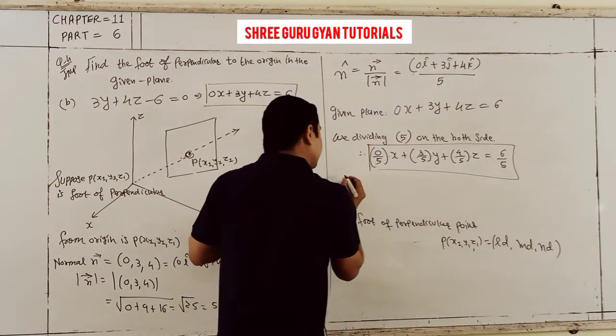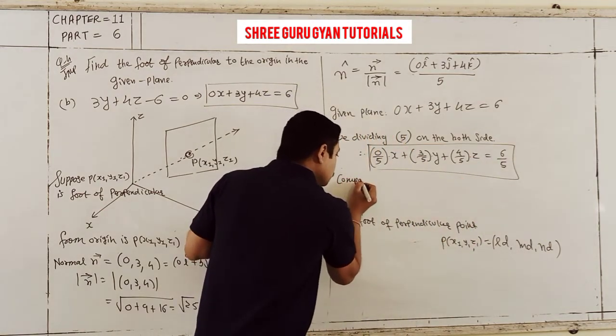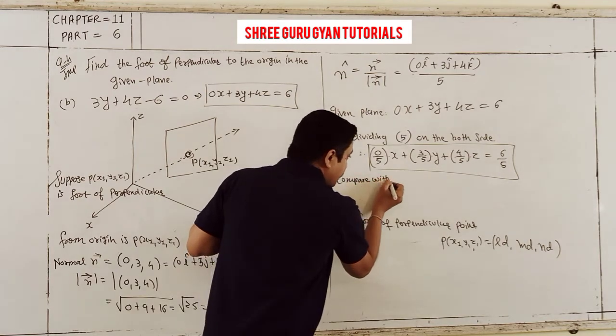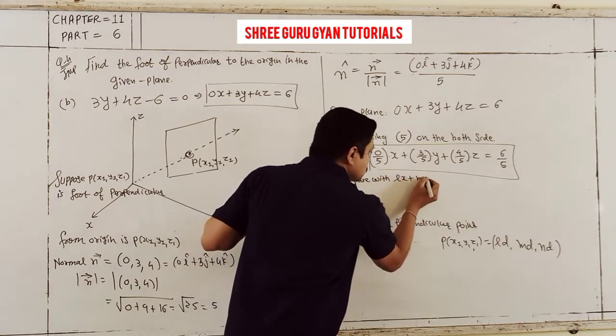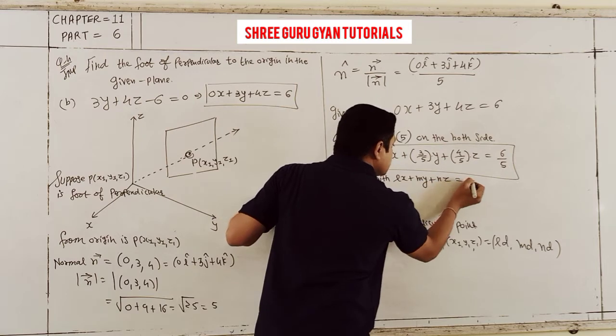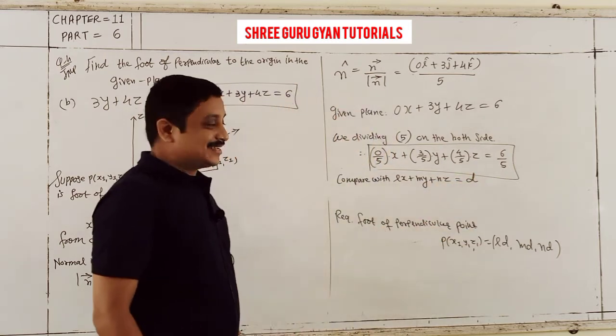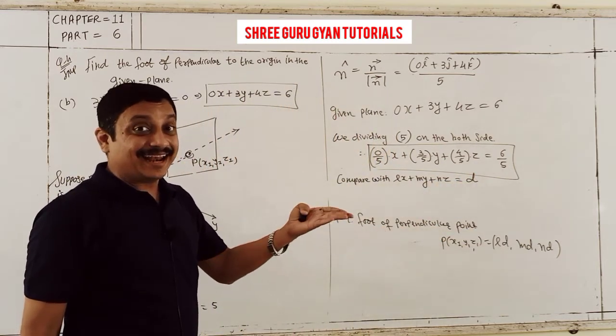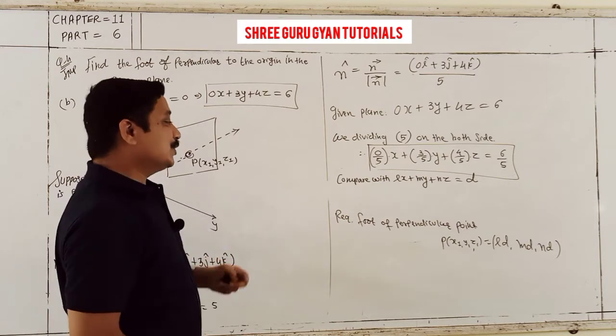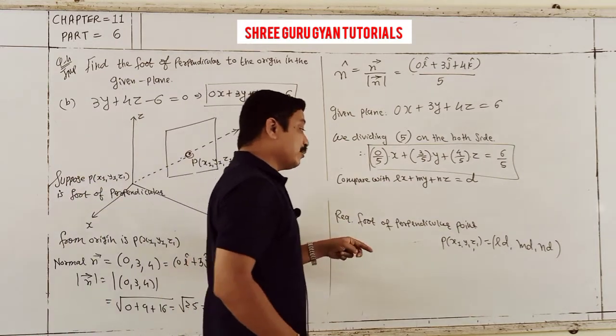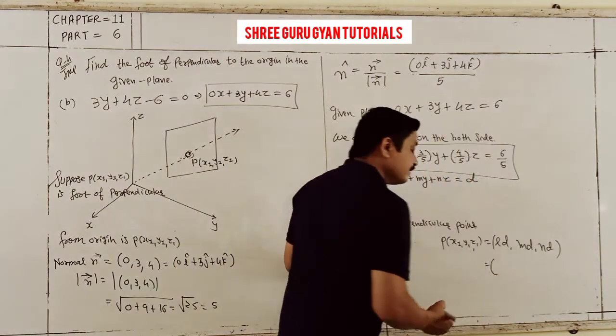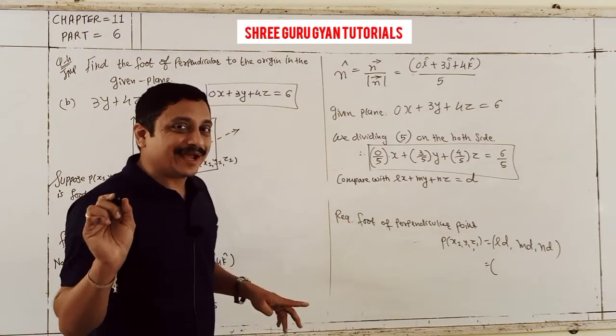And that is your equation, just compare with Lx plus My plus Nz is equal to D. L, M, N ready, and last D is 6 by 5. So the required foot of perpendicular points are LD, MD, ND.